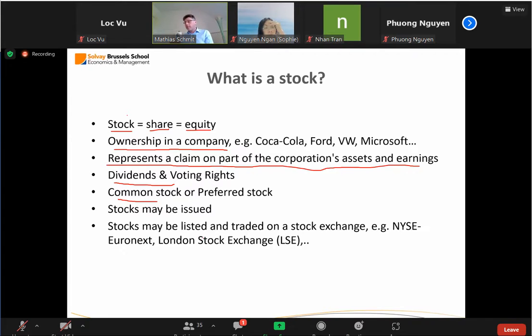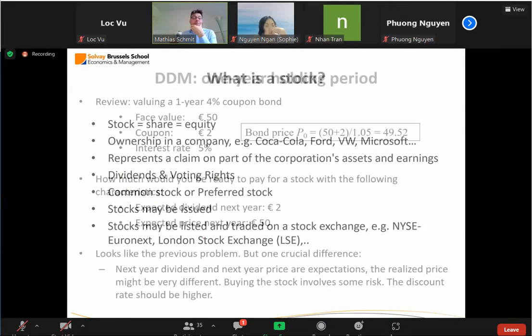If you have a small company, you are not listed on the stock exchange, but if you are Coca-Cola or Google or Apple, you are listed and all the shares are traded. You can buy them under some conditions on the stock market every day, every minute through the stock exchange.